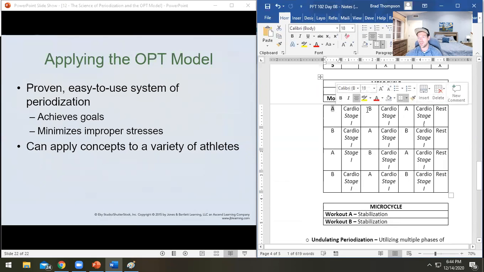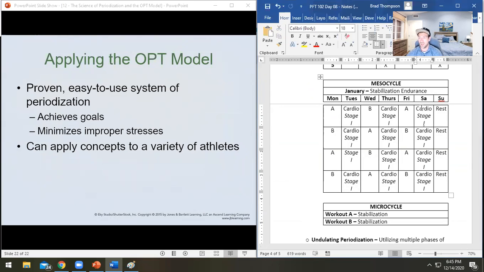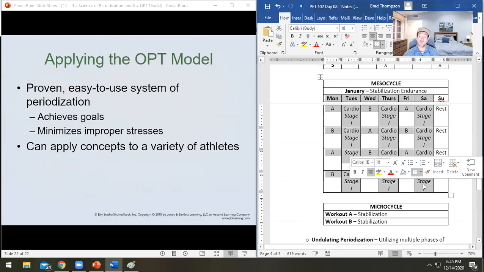And then you'll notice because I am in stabilization, I'm just doing stage 1 cardio. That's 65 to 75% of my heart rate max all 3 days, Tuesdays, Thursdays, and Saturdays. So this is a very, very cardio-based routine. This would work exceptionally well for a client who is going for a weight loss routine. This would be an excellent weight loss program, right?